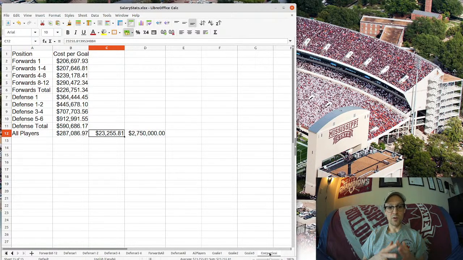And he only scored 2 goals, so it was his entire salary divided by those 2 goals. So clearly, you're not getting good value. Whereas Karlsson was only making $1 million and scoring 43 goals. So way less expensive.